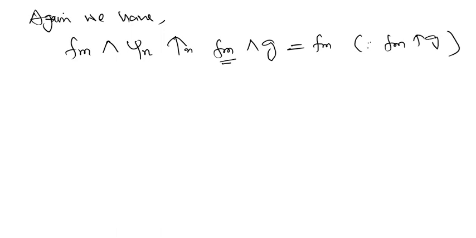It will increase, with respect to n, to fm join g, because the limit of psi n is g. But the limit of fm is also g, it's the increasing limit, so fm is less or equal to g. It's equal to fm, because fm also increases to g. The limit of fm is g.